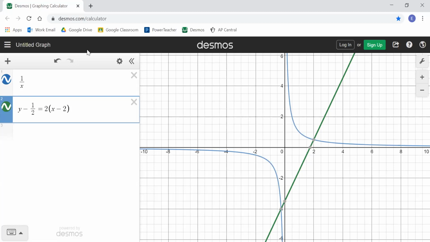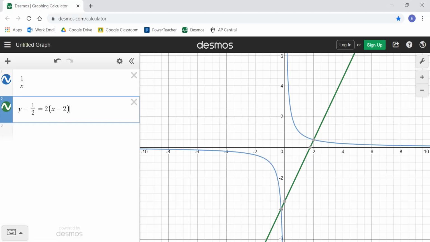That doesn't look right. What did we do wrong? We must have done something wrong. y minus 1/2 equals 2 times x minus 2. That certainly doesn't look like the slope of the tangent line at 2.